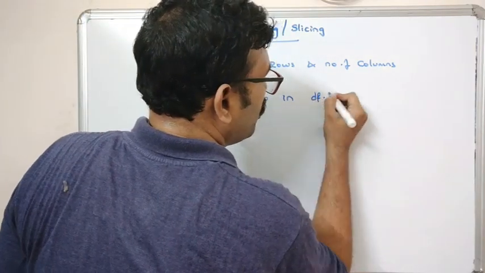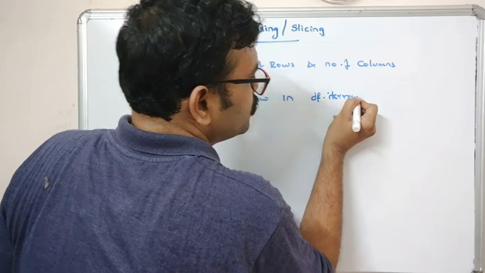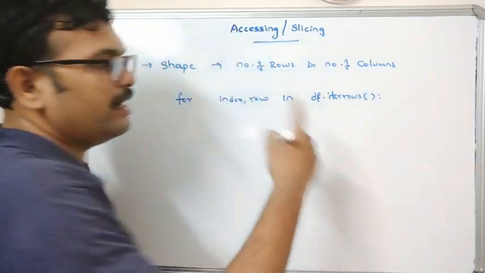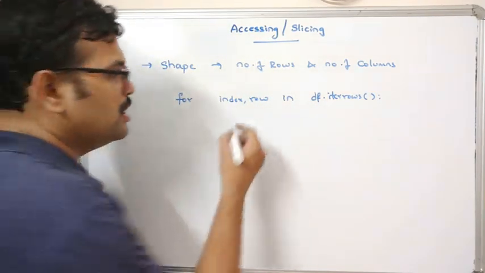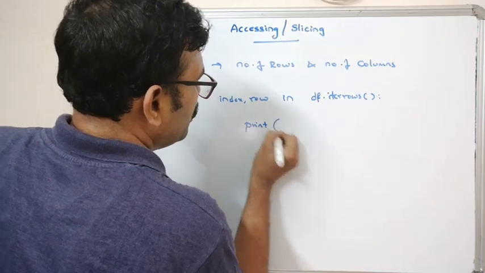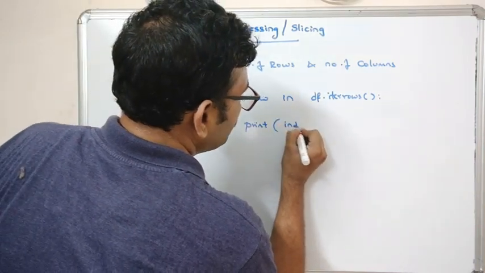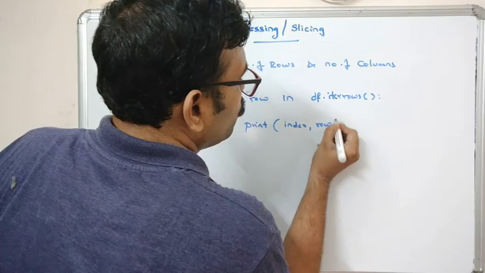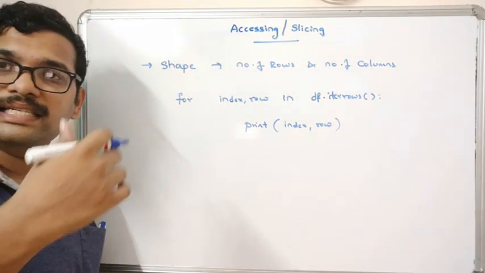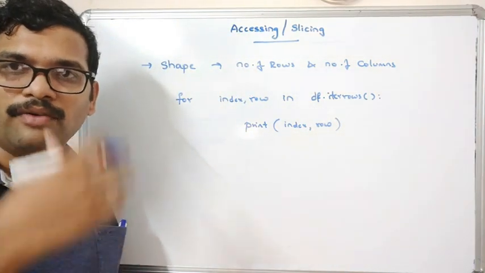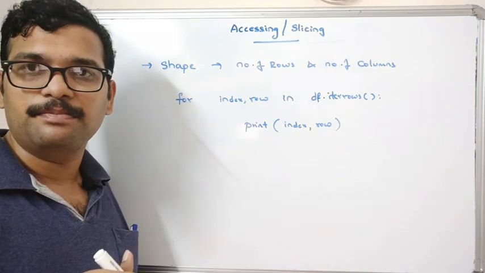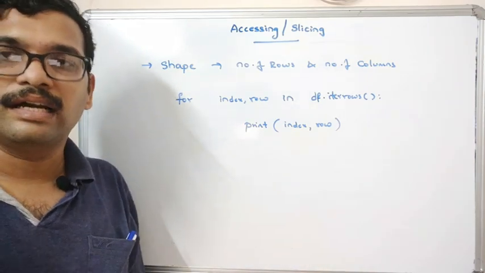So data frame dot iterrows, so that it will iterate one by one. Simply you can print the index as well as the row. So automatically each and every row will be displayed. After completion of the first row, the second row will be displayed, after the second row, the third row will be displayed.